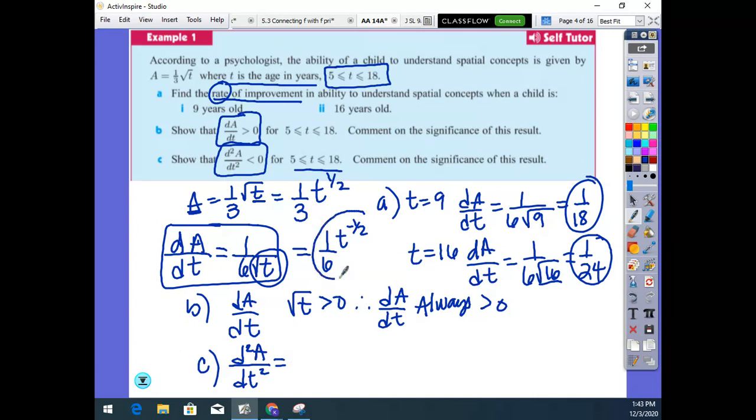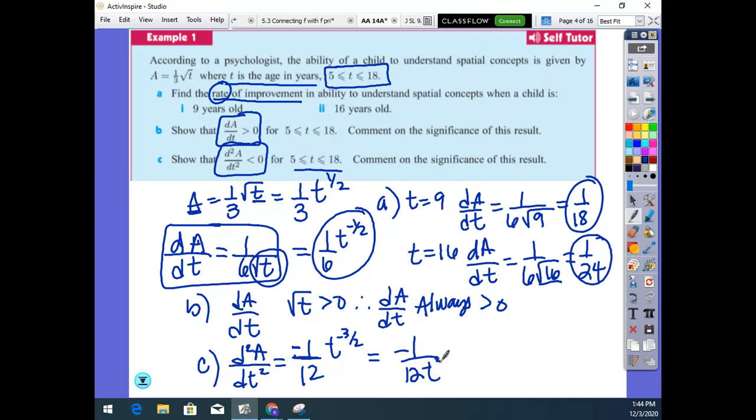So how do I find the derivative of the derivative? Negative 1/2 times positive 1/6 is negative 1/12. That's a negative. t to the negative 3/2 when I subtract my 1. We could just say negative 1/12 t to the positive 3/2 in the denominator.